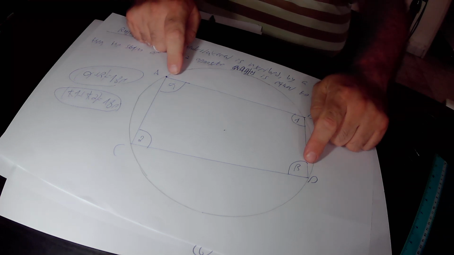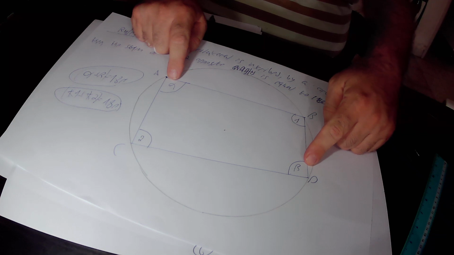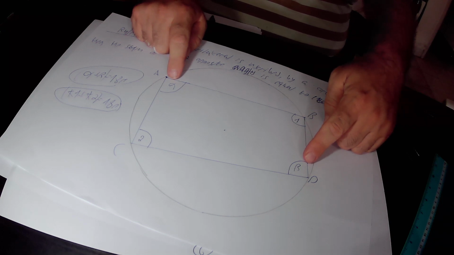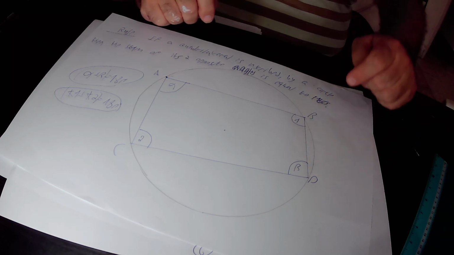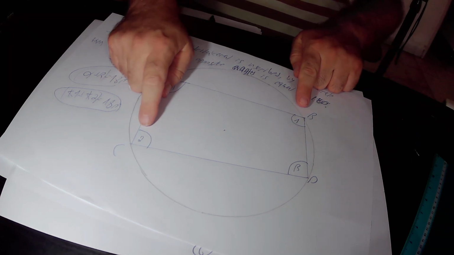Those are two opposite angles of quadrilateral ABCD, so alpha plus beta is equal to 180 degrees. Likewise, those are the other two opposite angles, and angle 1 plus angle 2 must also be equal to 180 degrees.